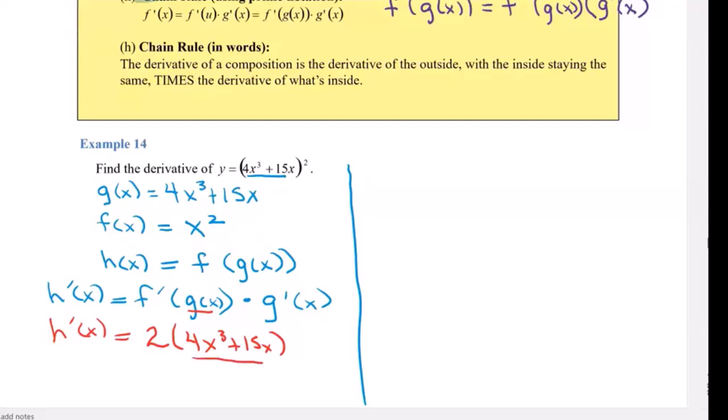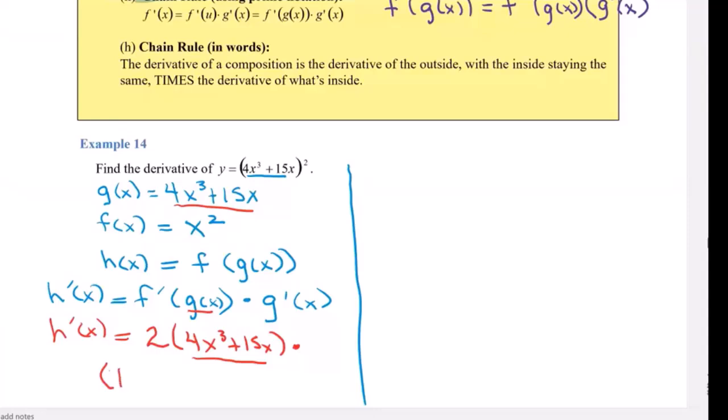The outer function has the inner function embedded in it, times the derivative of the inside function, which I'll put down here, times g prime of x, the derivative of 4x cubed plus 15x.